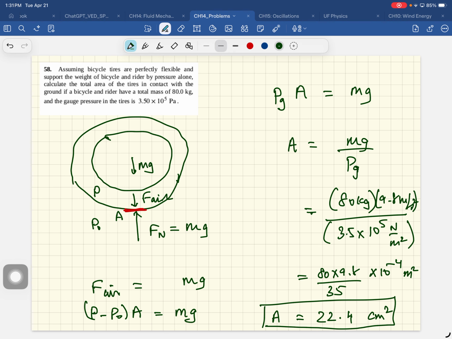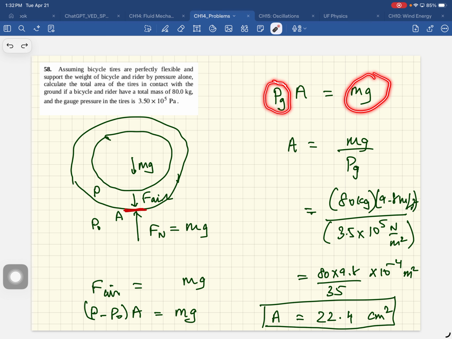The output pressure times area out should equal mg, the weight that you're supporting. The weight of the car needs to be balanced by this output force, which is the output pressure times the area out.